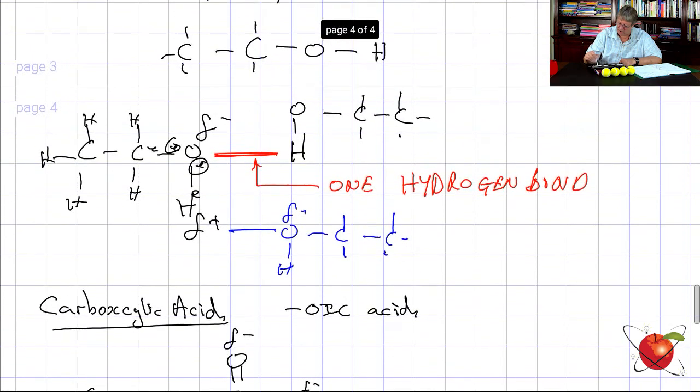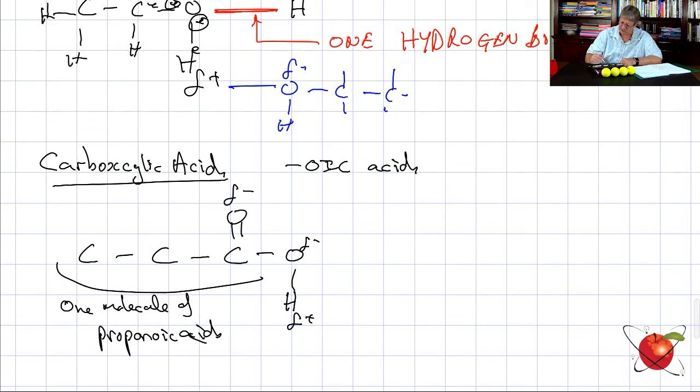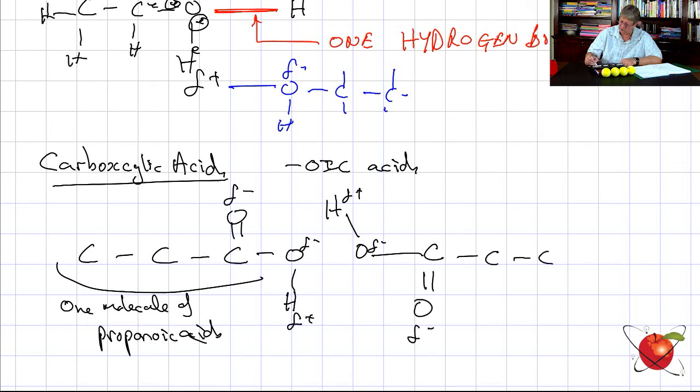What color did I draw it in last time? I kept it in black. Along comes another one. Now a hydrogen sits up there. I've just got to get myself down over here. An O, plus, and coming down over here is my OH to a C. And over here is my double bond O, which is negative, to a C. Like that.